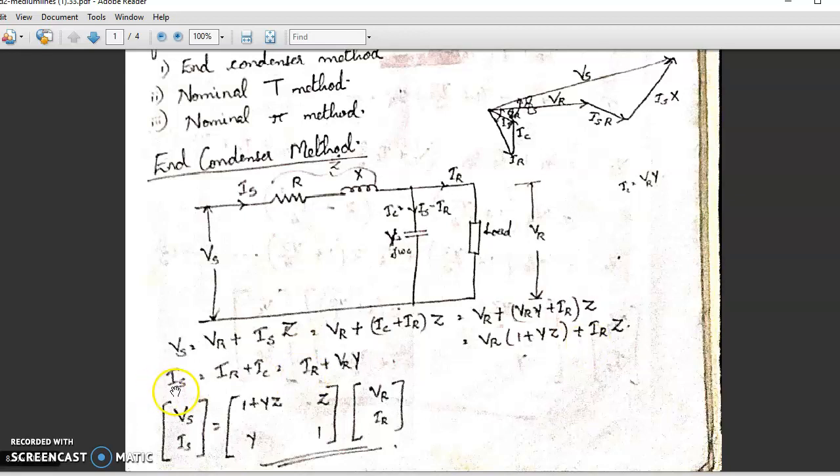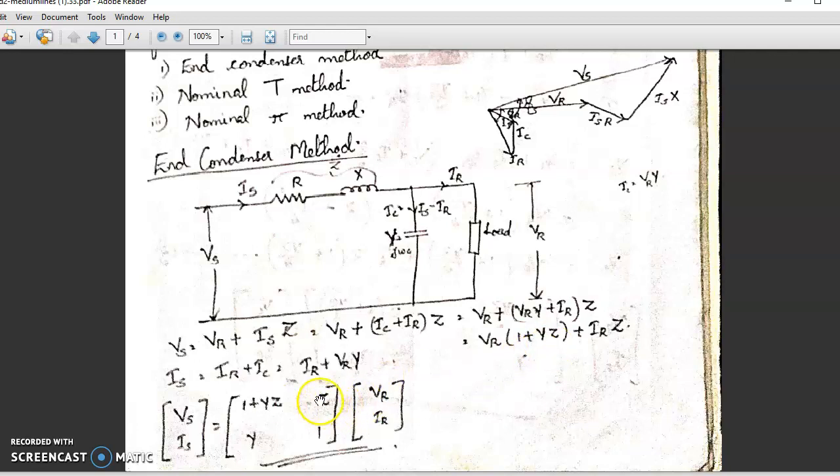Similarly, Is is Ir plus Ic, and Ic is Vr into Y. So Is is also expressed in terms of Vr and Ir. In matrix form we can write Vs and Is is equal to, first, the coefficient of Vr in the expression for Vs, that is 1 plus YZ.